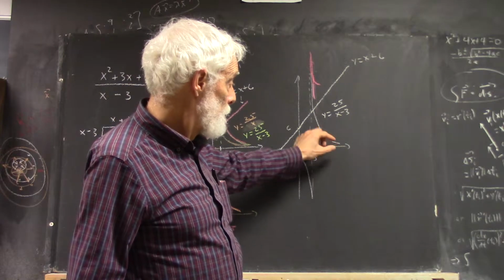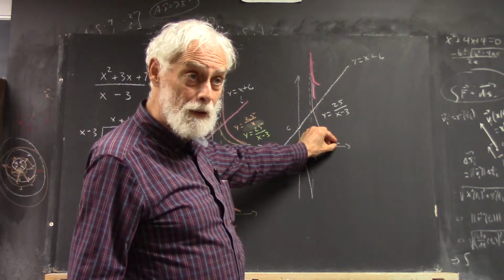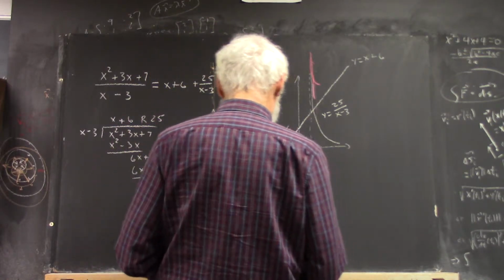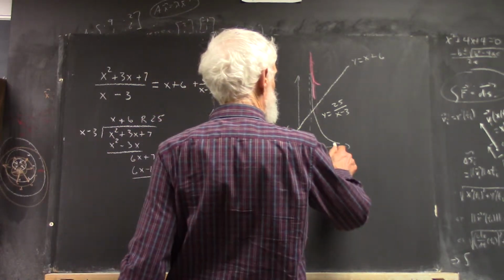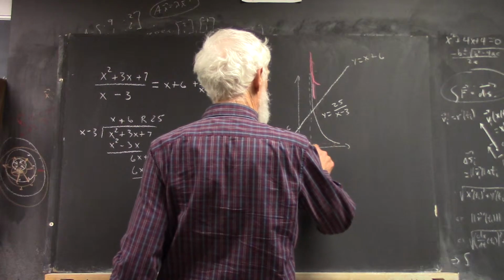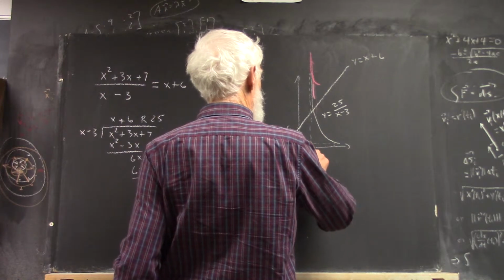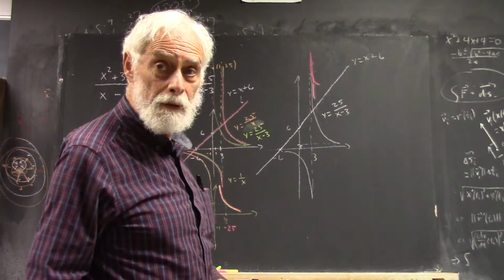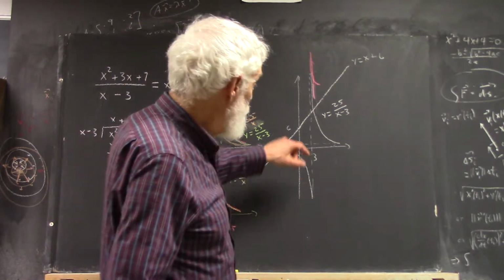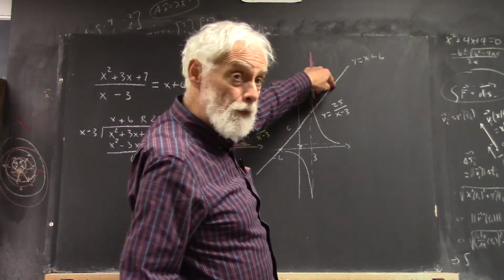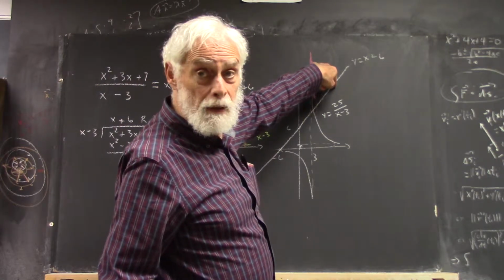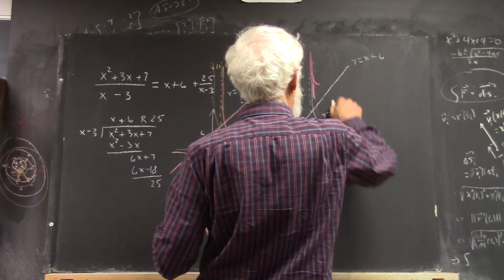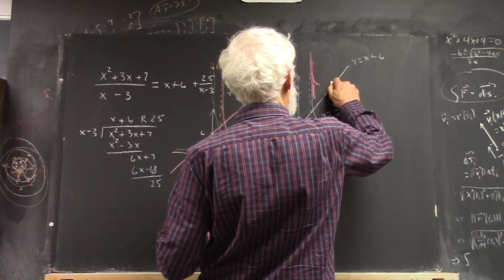This function here, it's this big, it's this high. There's your y value, right? In other words, if I take x here, project up and over, well, right there is my y value. Okay? If I add this y value to the y value of this one, what do I get? I get something just a little bit higher, just like this.